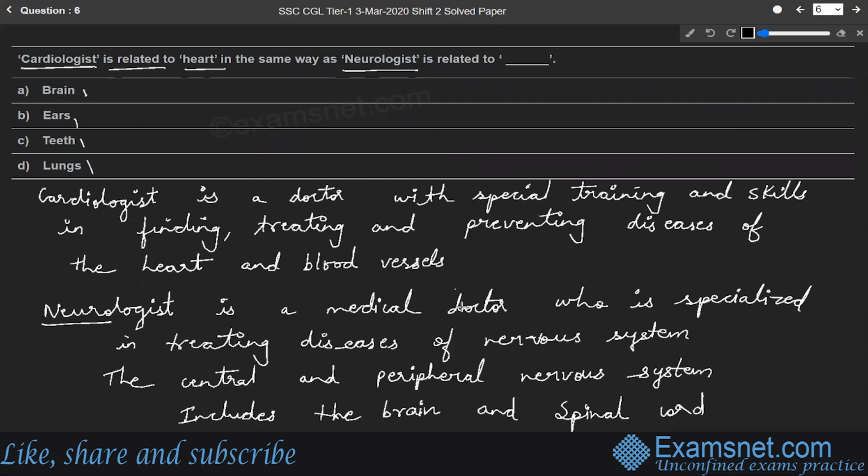It also includes brain and spinal cords. It has nothing to do with ears, teeth and lungs. So the correct option will be option A, which is brain. So neurologist is related to brain in the same way as cardiologist is related to heart. So for this question, the correct option is option A. I hope you are clear with this question.